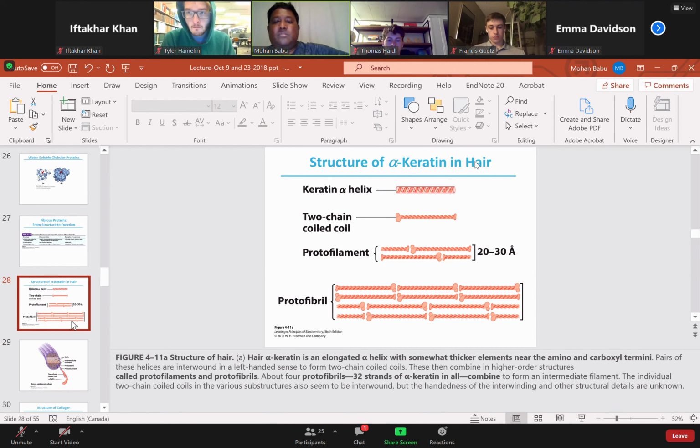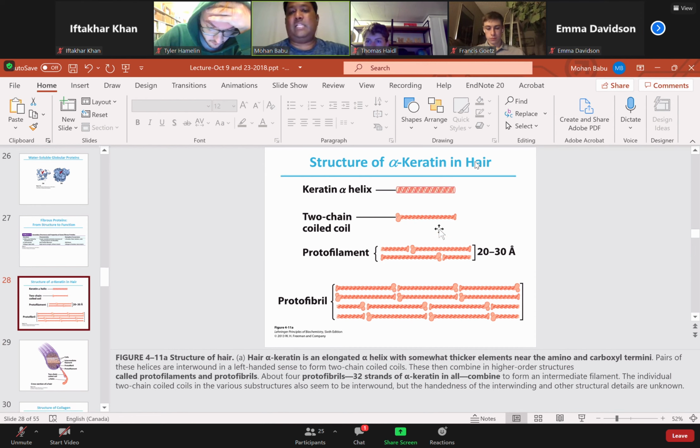Okay, and usually when these structures are combined in higher order structures, you can call them protofibrils. Basically all the protofilaments are bundled up together in higher order structures, and those are called protofibrils.